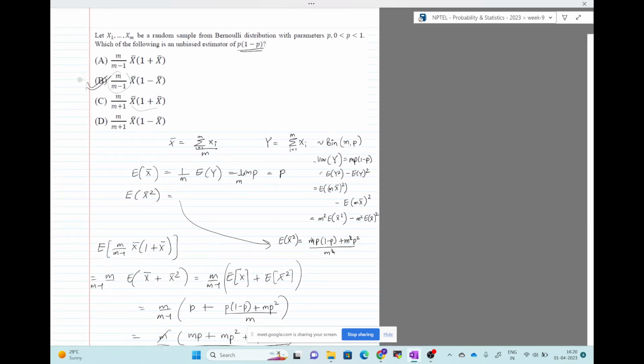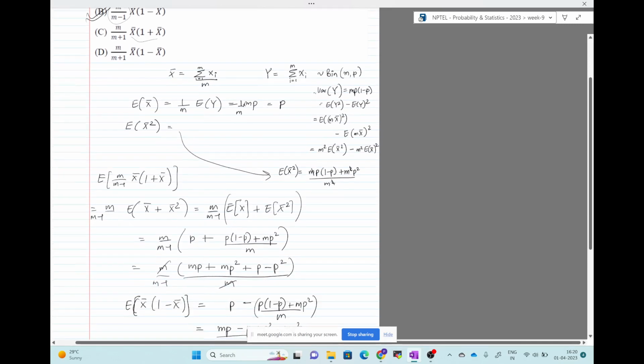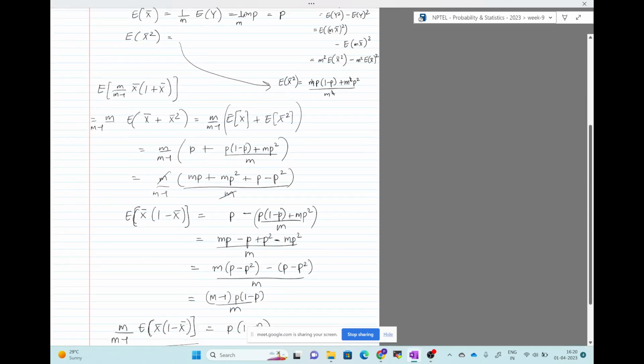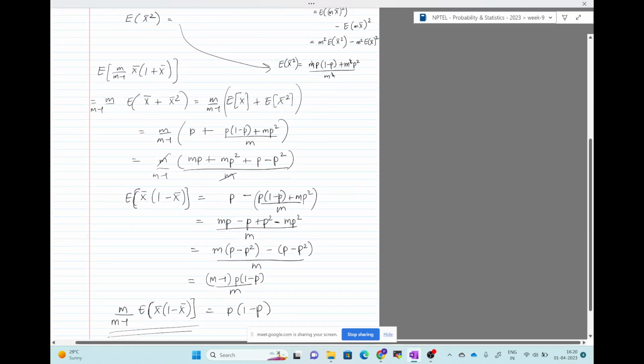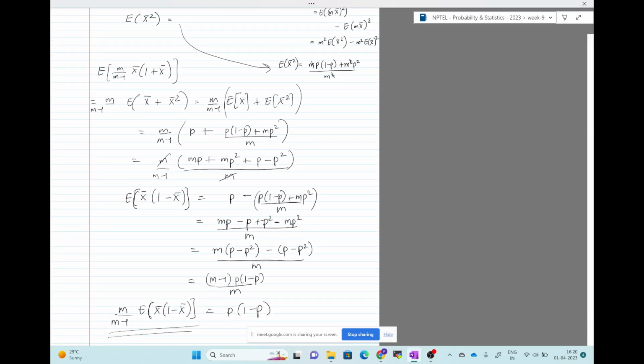Is it clear? So we just took expectation over the options that were given.